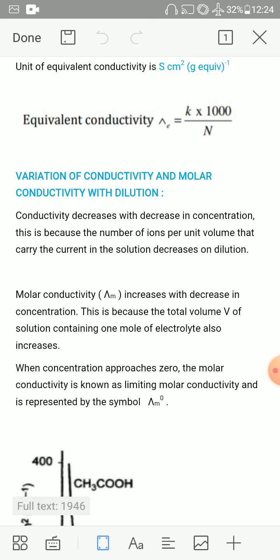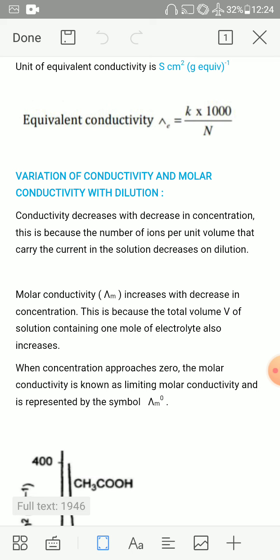Now molar conductivity. Molar conductivity, that is lambda m, increases with decrease in concentration. This is because the total volume of the solution containing 1 mole of electrolyte also increases.